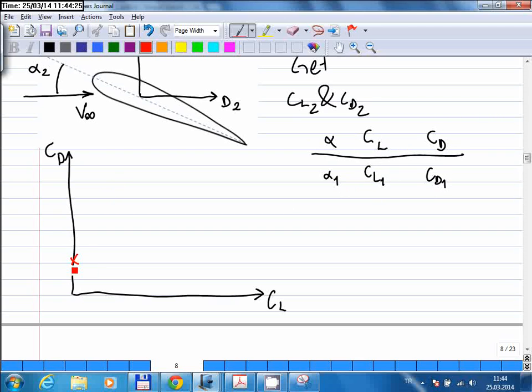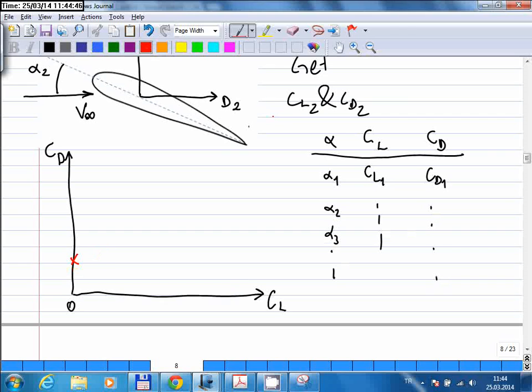So for example, your first point is the point where the lift coefficient is 0. So this is the 0 point for the lift coefficient. And then you make all these tests, and then you put all these values on a chart.